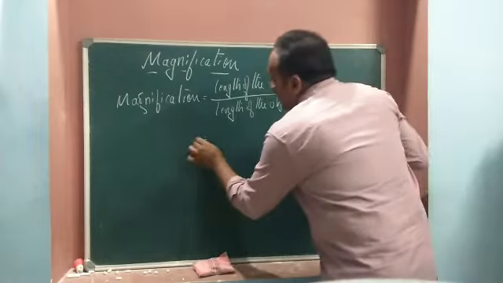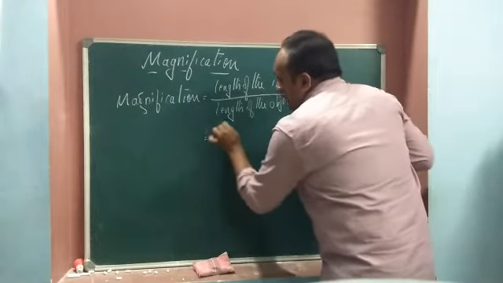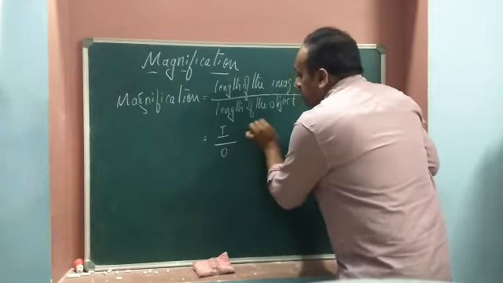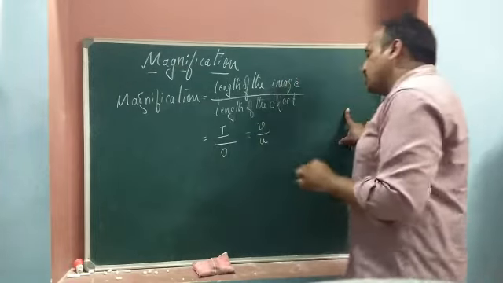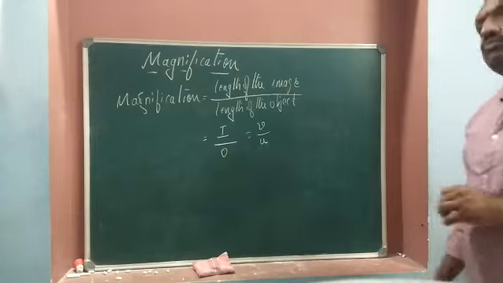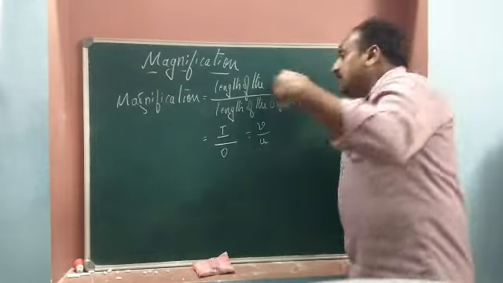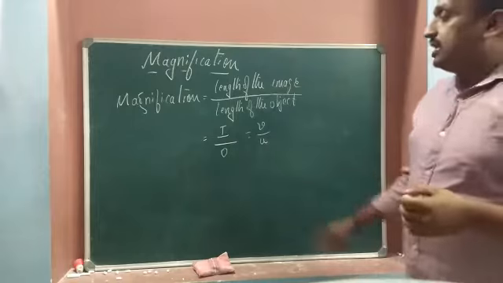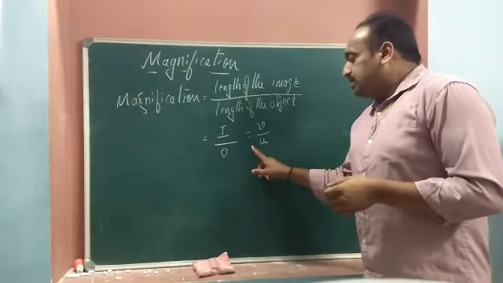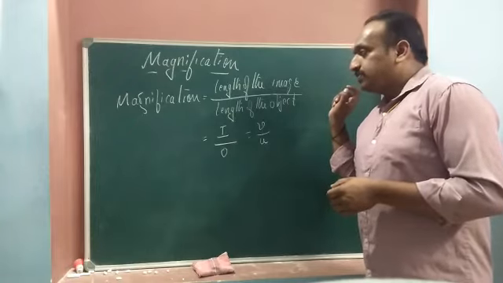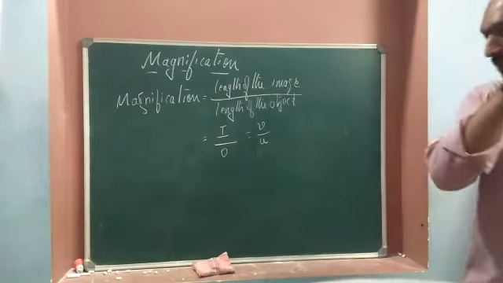If the height of the image is I and the height of the object is O, it will be equal to V by U. Remember this formula, that is magnification is equal to the length of the image divided by the length of the object, nothing but I by O is equal to V by U. Clear?